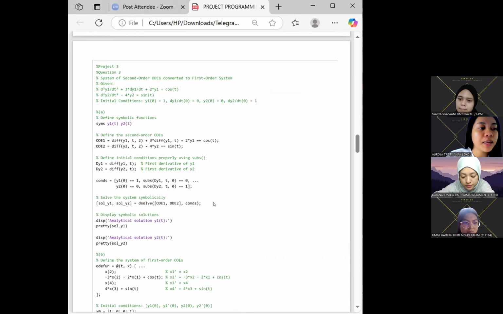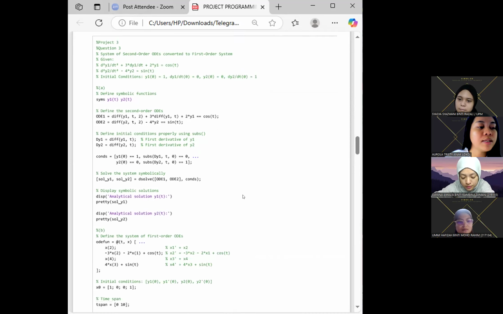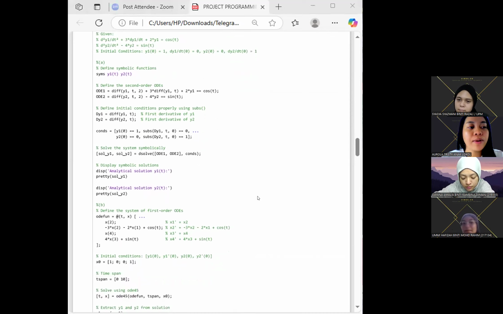We also set up the initial conditions properly using the subs command. Finally, we use dsolve to solve the system symbolically and display the solution using pretty for better formatting. This gives us the exact expressions for y1(t) and y2(t).